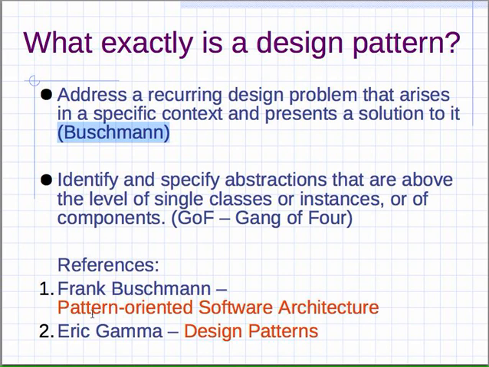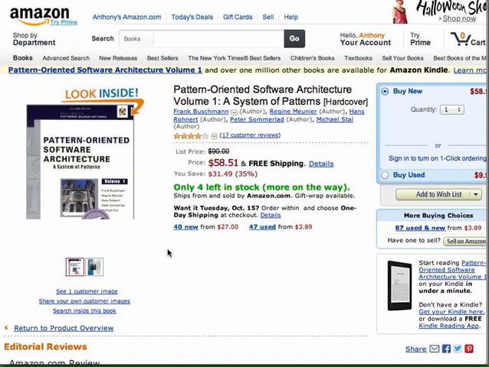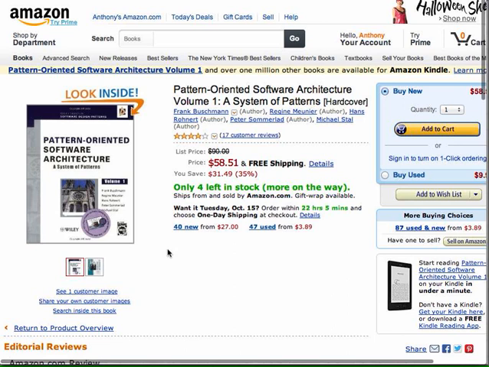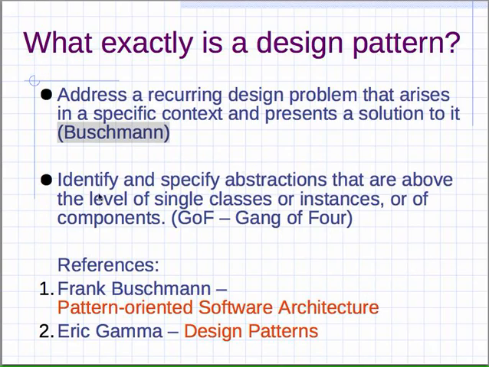There's actually a series of books called Pattern-Oriented Software Architecture. If you're looking for a good book to read up, although this is kind of old, it's still pretty good. This is just volume 1, and there's, I think, at least one more volume, maybe 2 more, I can't remember.